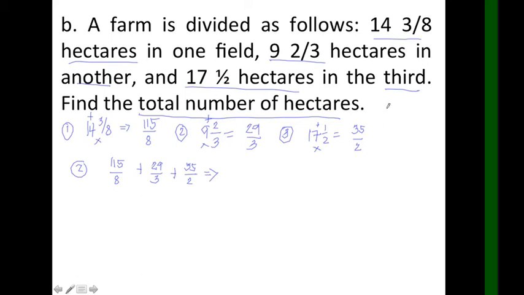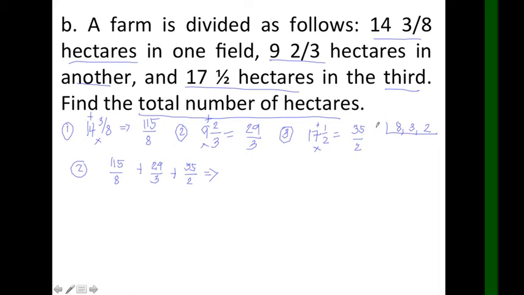So, let's do a ladder method in getting the LCD. So, we have numbers 8, 3, and 2. Okay? So, think of a smallest prime number that can be divided to one of these denominators.